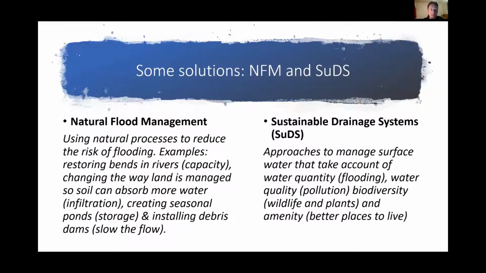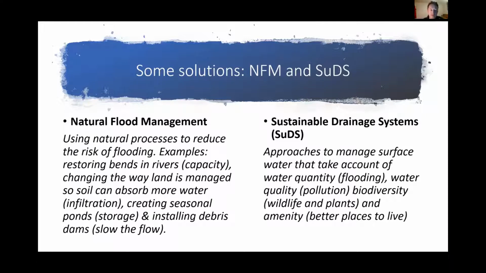Natural flood management is using natural processes to reduce the risk of flooding. Examples include restoring bends in rivers. Obviously, this increases capacity. Changing the way that land is managed so soil can absorb more water, infiltration. This is increasing the soil's ability to take more water, and typically planting trees or hedgerows or things that allow the water to filter into the soil really help with that absorption.